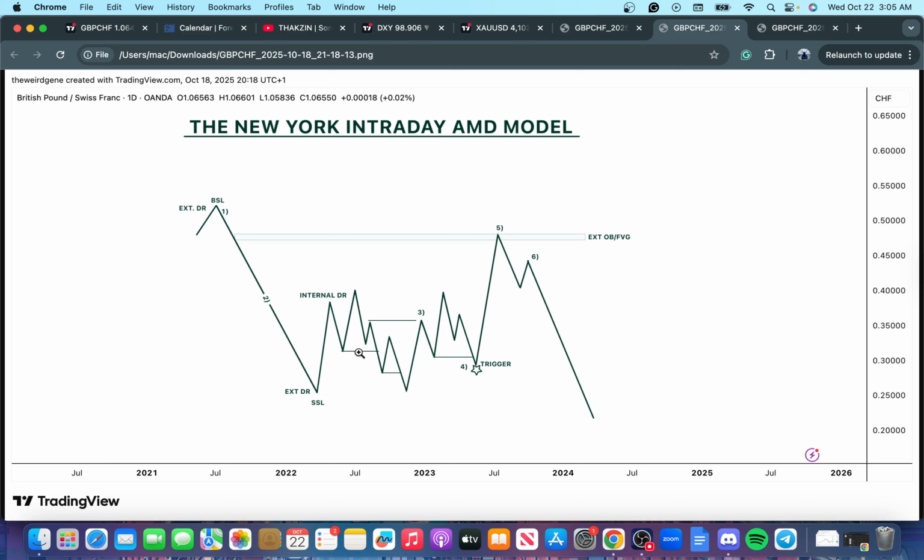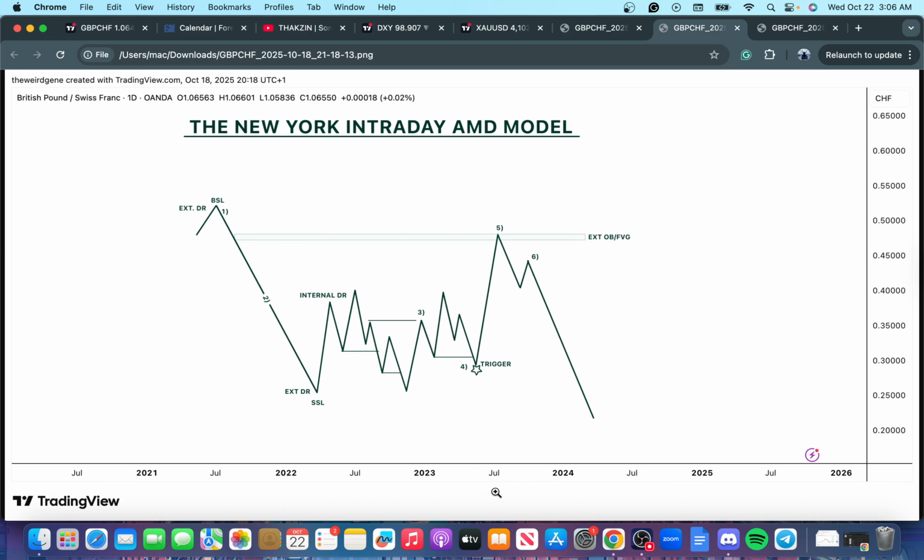So this is the AMD model where we have our accumulation, and the accumulation phase starts typically during London session after overextension during the Asian session. And then going into New York session, there's a trigger, and usually the trigger is preceded with a stop run, right? Usually a stop run against our direction.